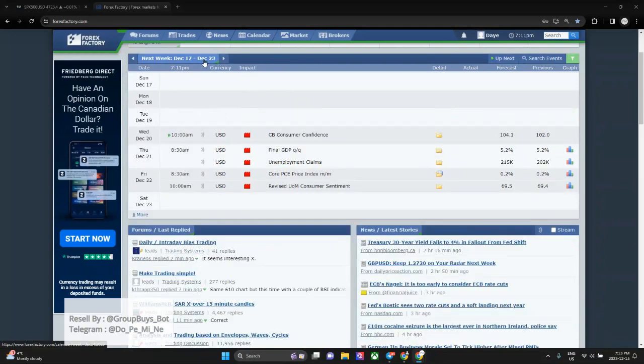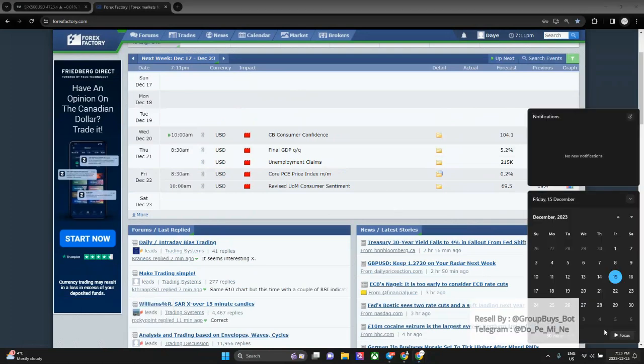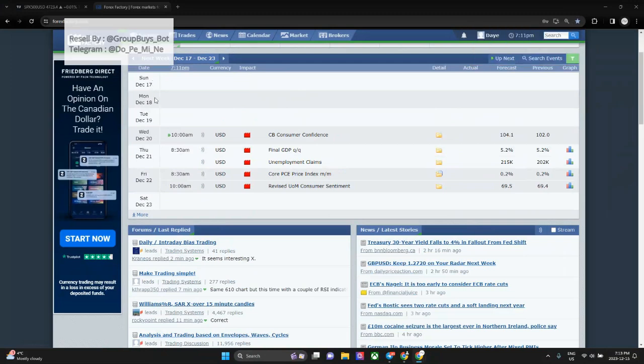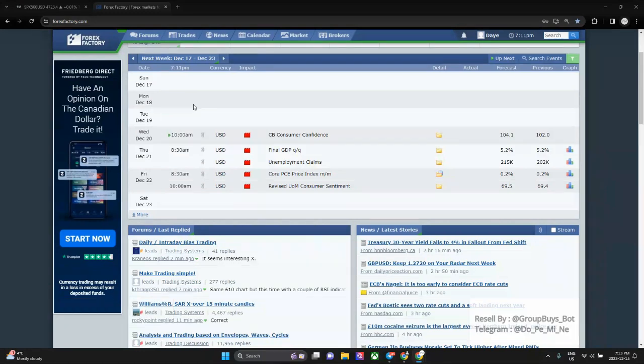So this is the date. This is the data for next week. So Monday, no news. Tuesday, no news, which means that we're probably not going to trade these days unless we see some scalp setup form.